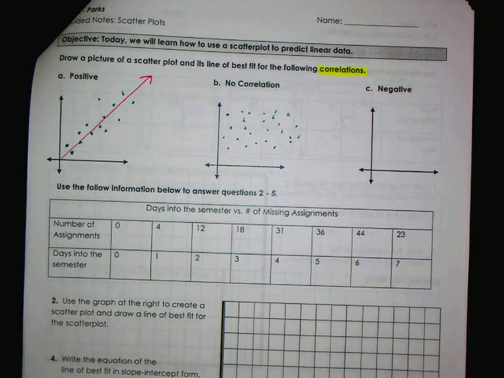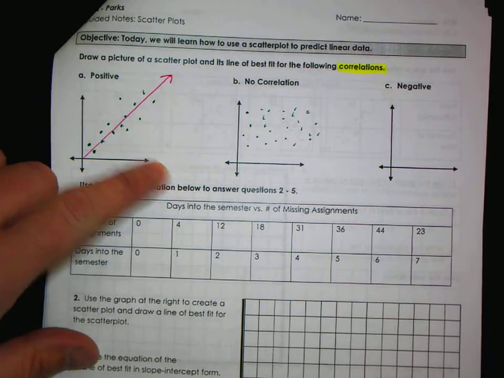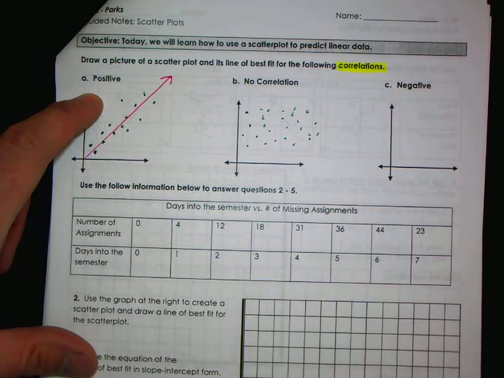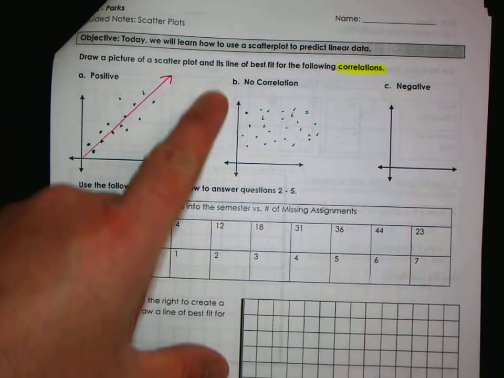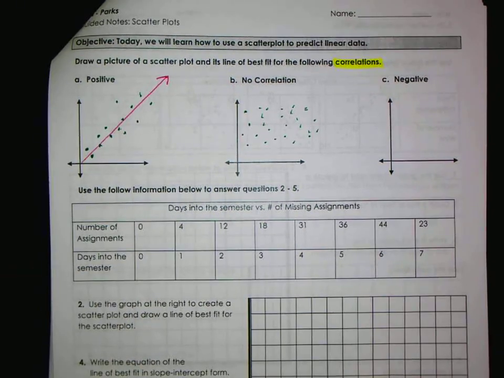Probably has nothing to do with each other. So maybe this is the taller you are, the bigger size shoe you wear. I'm sure that has a positive correlation. But saying the taller you are, the smarter you are, intelligence is not based off size.